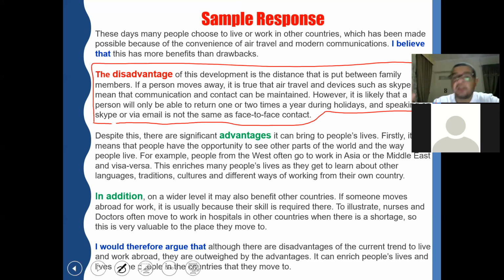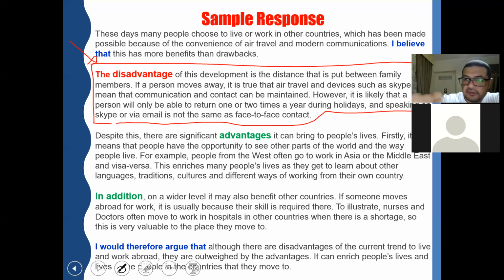A paragraph is a group of sentences like this one here. A group of sentences that talk about a certain idea. Every paragraph should have a central idea, or we call it the main idea, that this paragraph talks about, or that this paragraph is about.